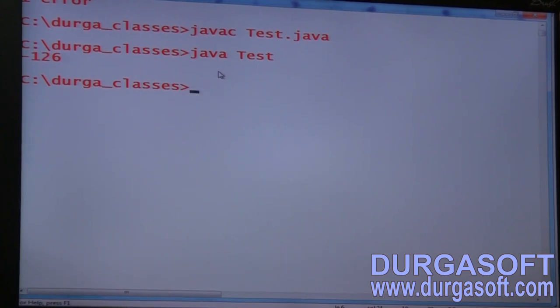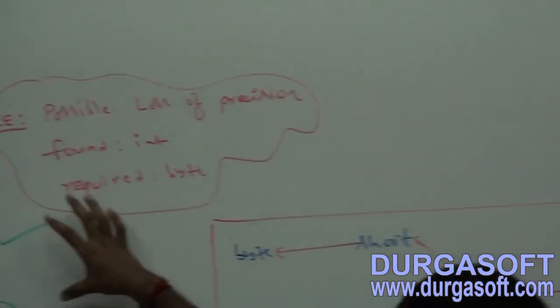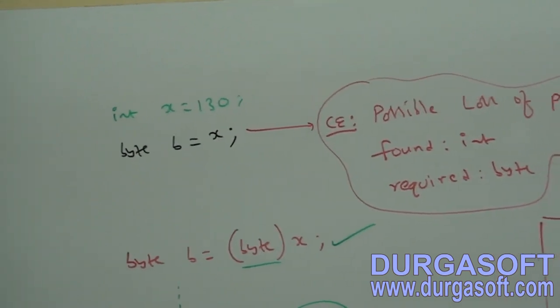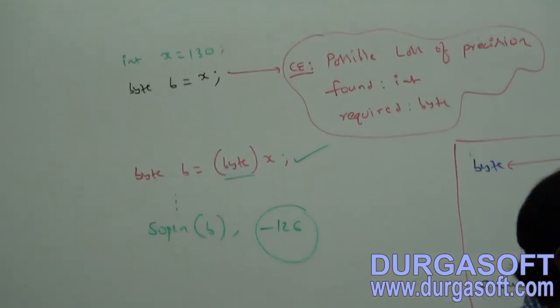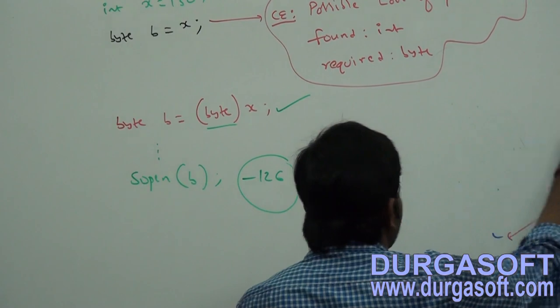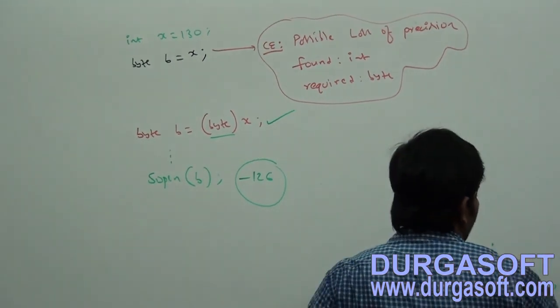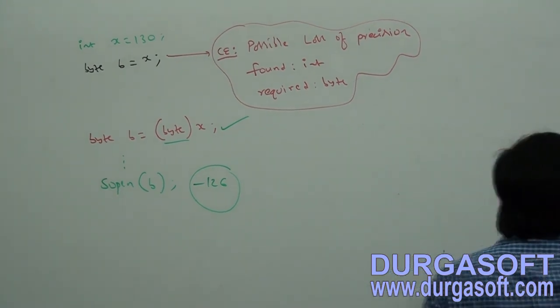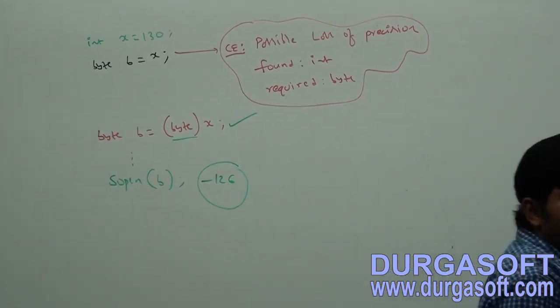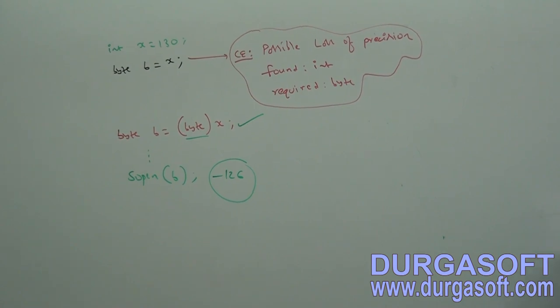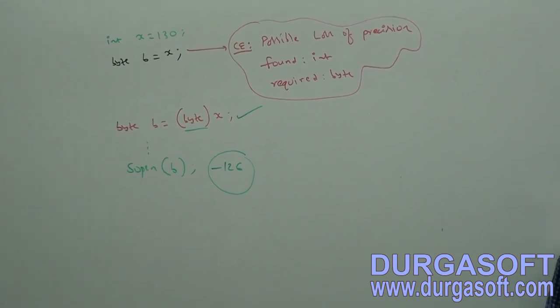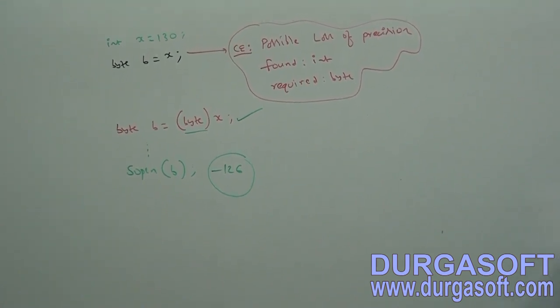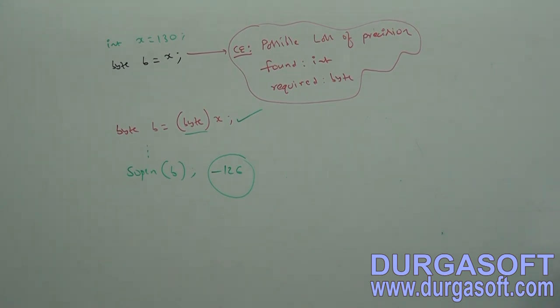Okay. Take this example first. Int x is equal to 130. And x is equal to 130, byte b is equal to x.